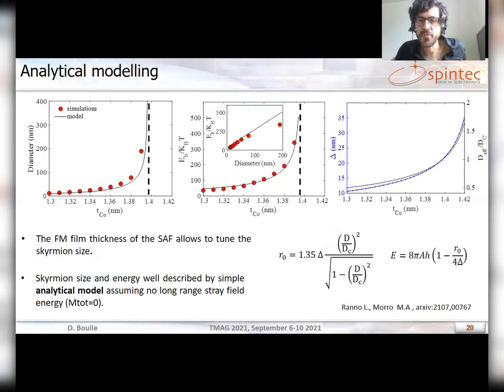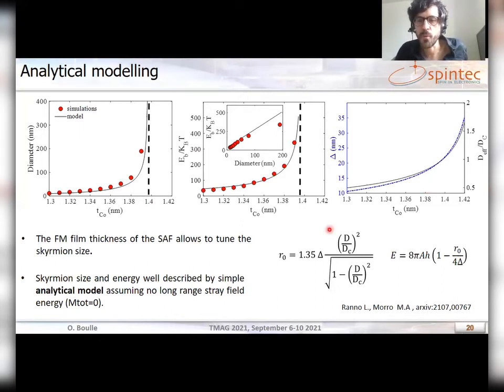We have plotted these two quantities here on this figure, and the divergence of the skyrmion radius and energy can be explained by the fast increase of these two quantities, in particular D over DC, with the film thickness, as we are approaching the in-plane to out-of-plane reorientation transition, when the anisotropy is vanishing.